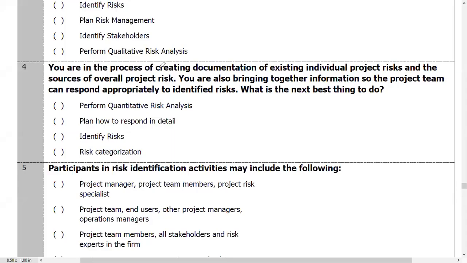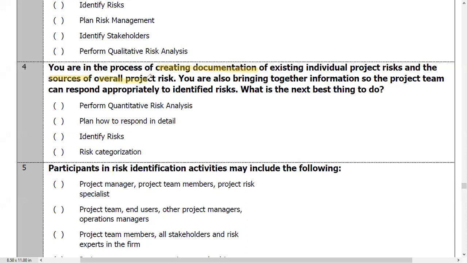All right. Well, let's take a look at the options here. I guess this question was fun and games for you, right? Easy peasy. Well, let's deal with this directly from the PMBOK guide. So you are in the process, you got to watch what you're doing. It says creating documentation of existing individual project risks and the sources of overall project risk.